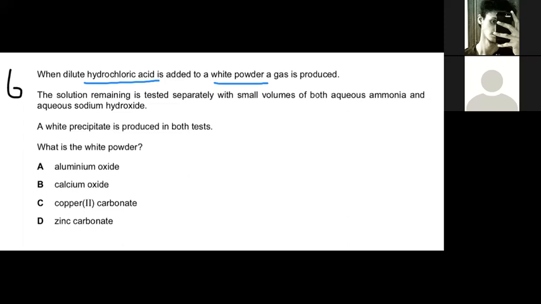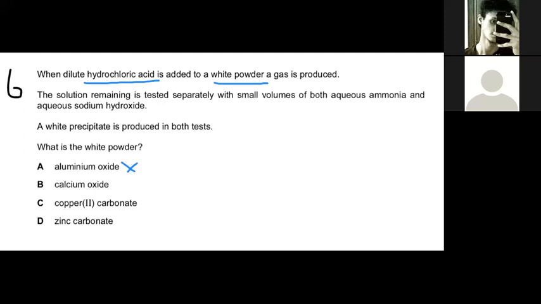Now, after this reaction, the cation of the carbonate will remain in the solution, and this ion produces a white precipitate. If aluminum oxide or calcium oxide were there, then with hydrochloric acid, they would have reacted to form salt and water, so no gas would be produced.